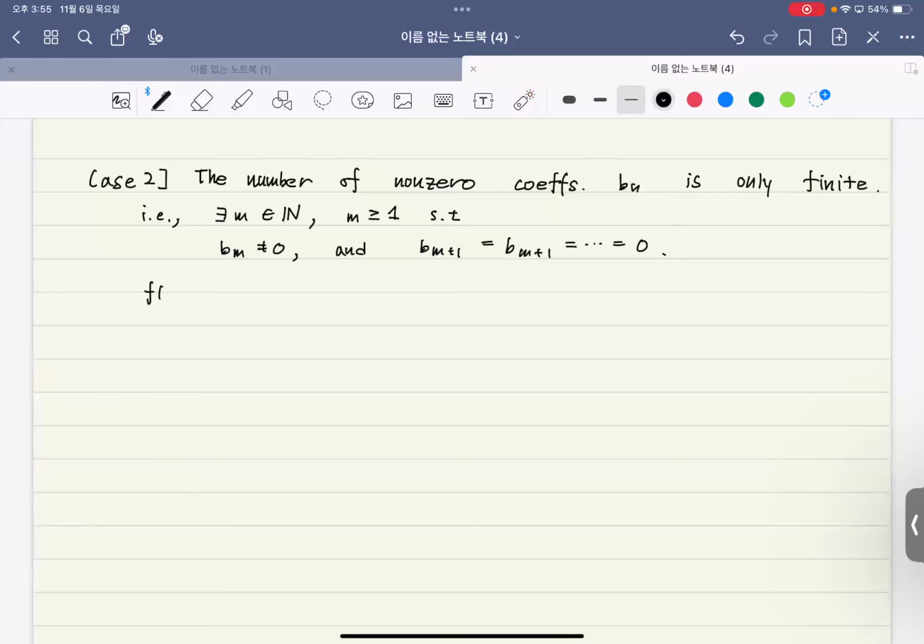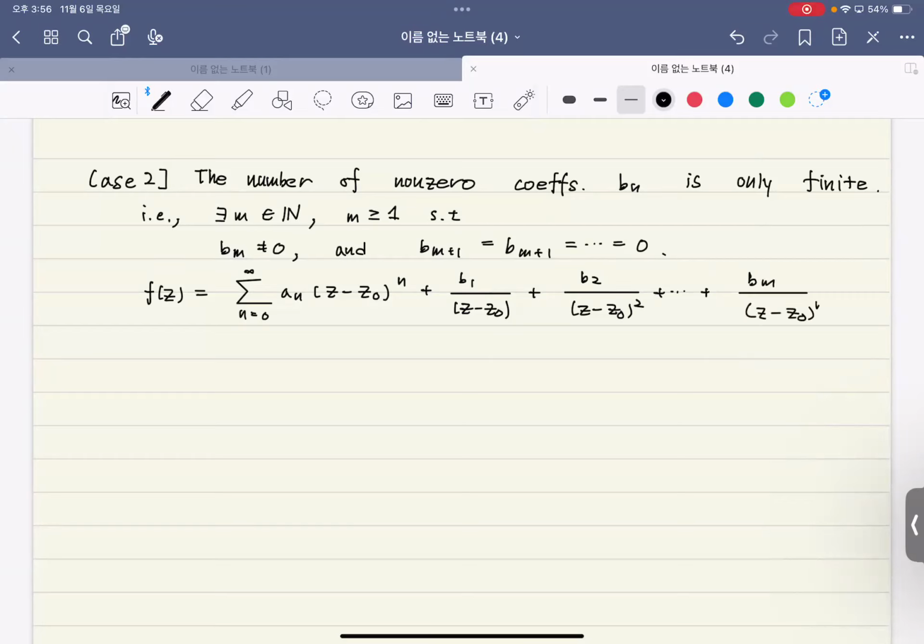Well, so more explicitly, the Laurent series of my function around the singularity is plus b1 over z minus z0, plus b2 over z minus z0 squared, and so on, and this expansion ends at b_m. So the principal part is actually a finite sum.